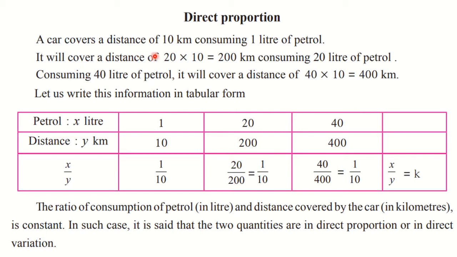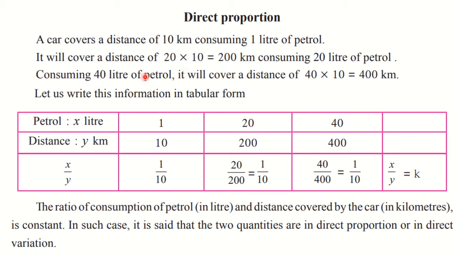Suppose a car covers a distance of 10 kilometers in 1 liter of petrol. So to cover the distance of 20 into 10, that is 200 kilometers, it will consume 20 liters of petrol. Why? Because 1 liter for 10 kilometers, so in 20 liters it will cover the distance of 200 kilometers.